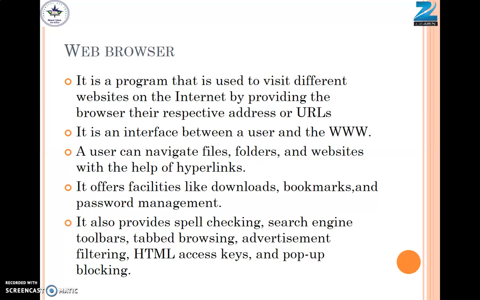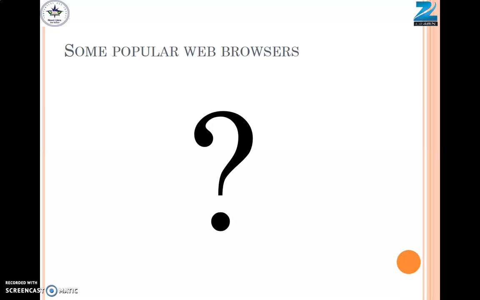A user can navigate files, folders, and websites with the help of hyperlinks. It offers facilities like download, bookmark, and password management. It also provides spell checking, search engine toolbars, tab browsing, advertisement filtering, HTML access keys, and pop-up blocking. All these are the features of web browsers.